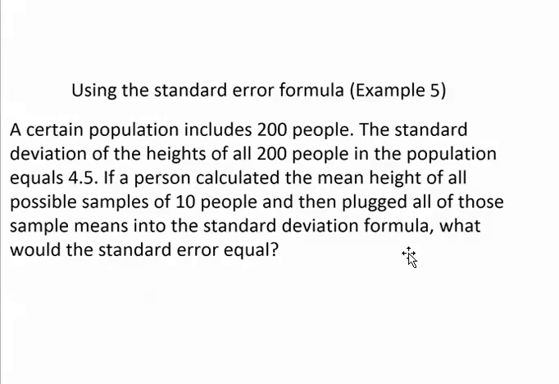Here's another example. This example is actually the same example we've seen the last two times. The only thing that's changed is the population size. So now the population size is 200. Actually, all three examples we've done so far are the same. The only thing that's changing is the population size.